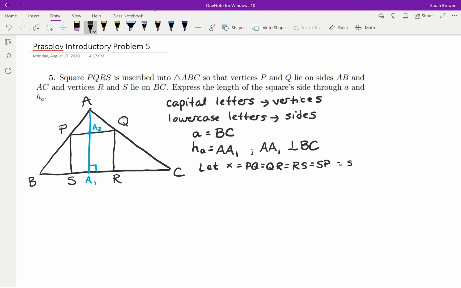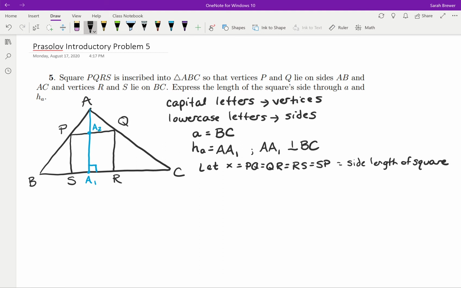So that's the side length of the square. Okay, so now we've got to figure out some ratios based on similar triangles.